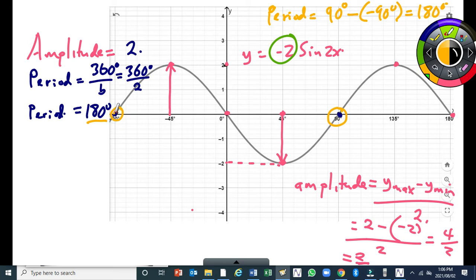Also, you can choose this point here as your minimum and this one here as your maximum. I hope you can see that the graph will start to repeat itself. So we have half of the graph, then the second half. So it's a full sine here. Therefore, this is the maximum value of the endpoint, and that's the minimum. So we end up having 180 degrees minus 0 degrees. You get 180 degrees.